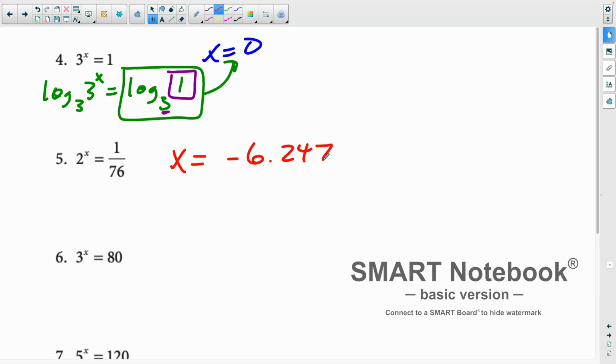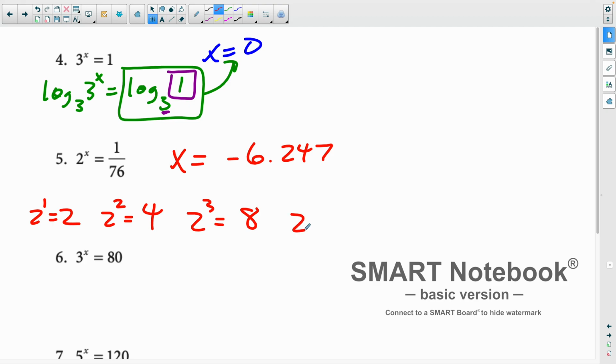If you had to do this one by hand, 2 to the first power is 2. 2 to the second power is 4. 2 to the third power is 8. What am I doing? I'm multiplying by another 2 every time.